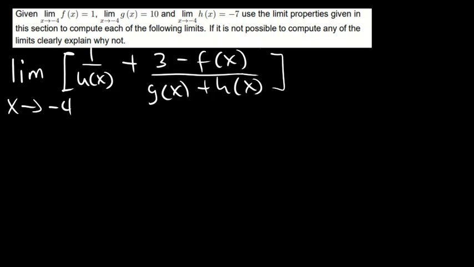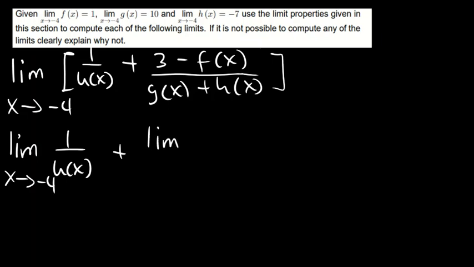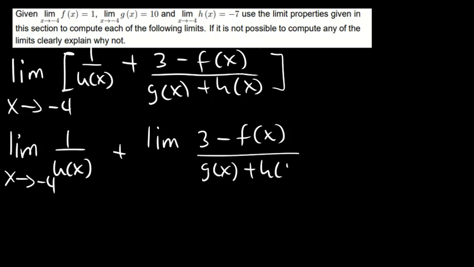You can write this as the limit of 1 over h of x as x approaches minus 4, plus the limit of 3 minus f of x over g of x plus h of x as x approaches minus 4. You can write this as what you have here.